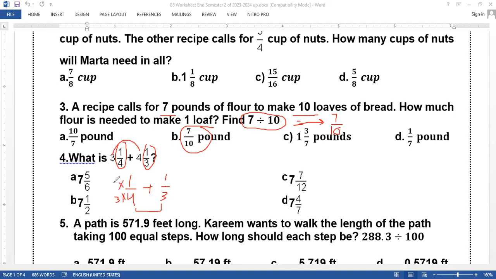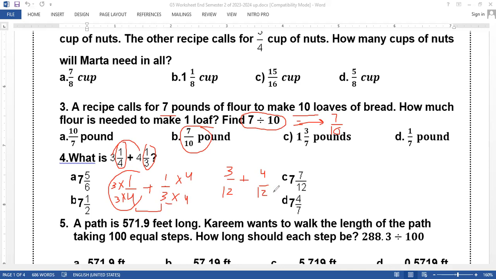And we multiply the other fraction by 4 to make the denominator 12, up and down. Here, 1 times 3 is 3, 3 times 4 is 12. Now the other fraction: 1 times 4 is 4, 3 times 4 is 12.